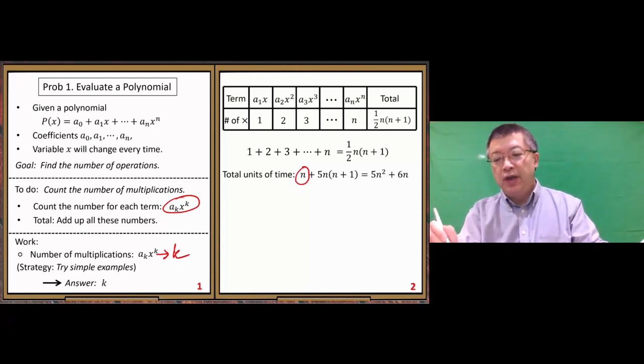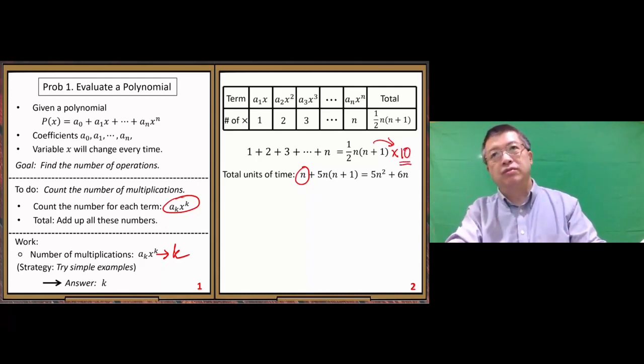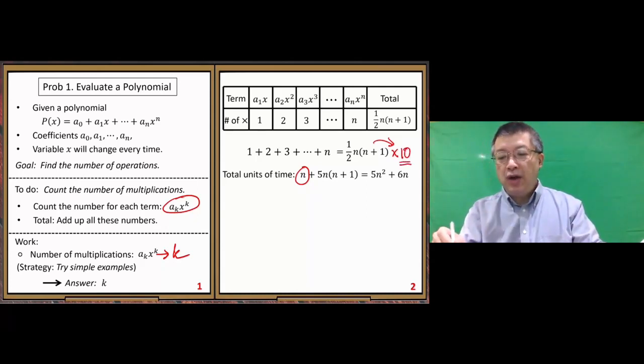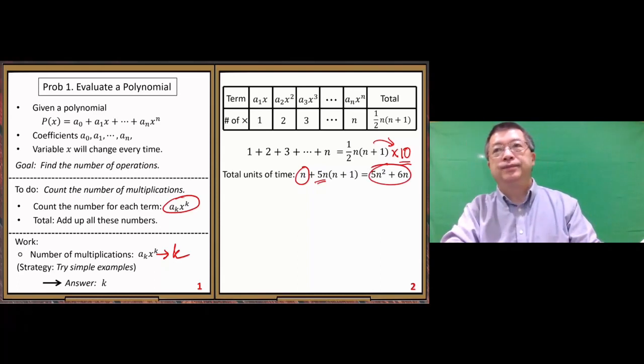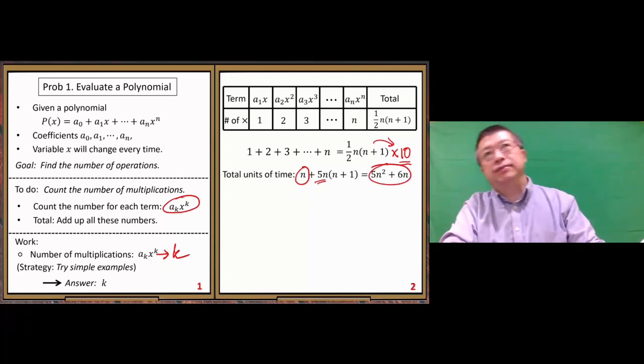Then for multiplication, this expression is the number of multiplications, and we know each multiplication uses 10 units. Remember our two assumptions. So 10 times 1/2, that's why we get 5. So the final expression is like that. So now we get the answer.